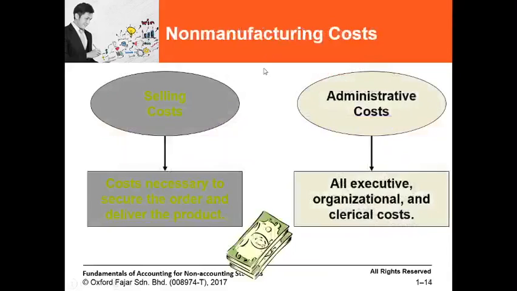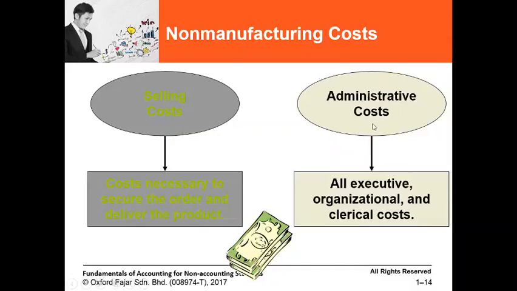And then non-manufacturing costs are divided into two. One is selling costs, and the second one is administrative costs. The selling cost is needed because we need to secure the order and deliver the product. It is useless if we build a product but then we cannot sell it, so we need to incur selling costs.